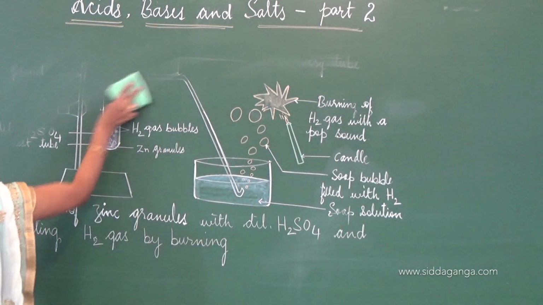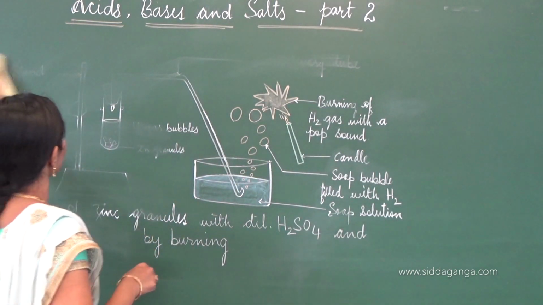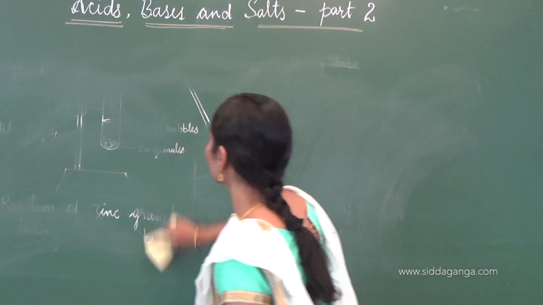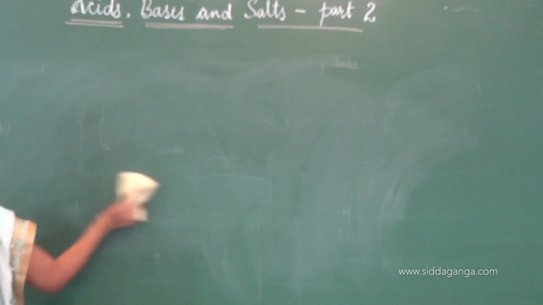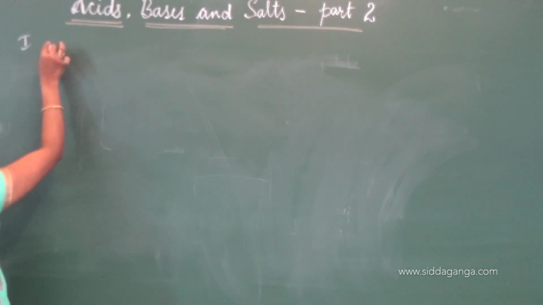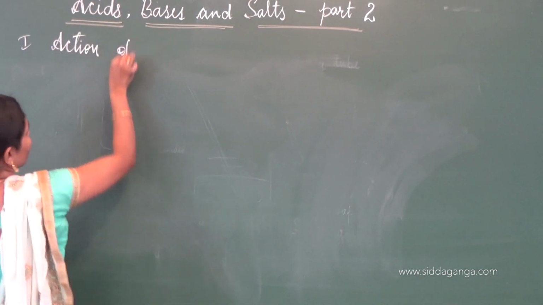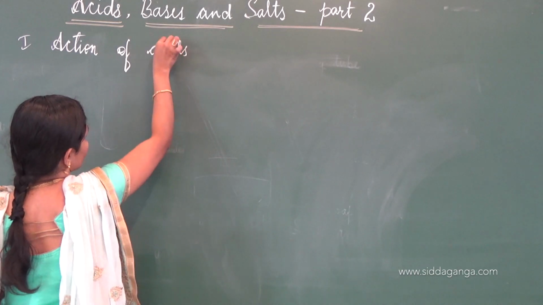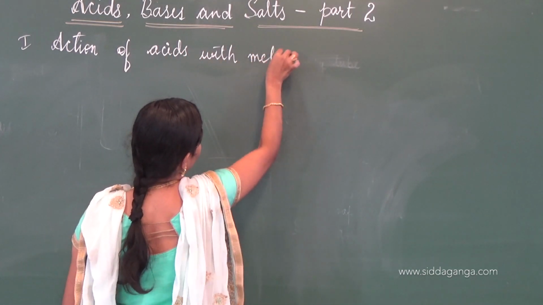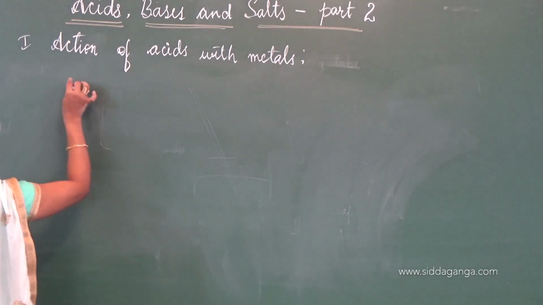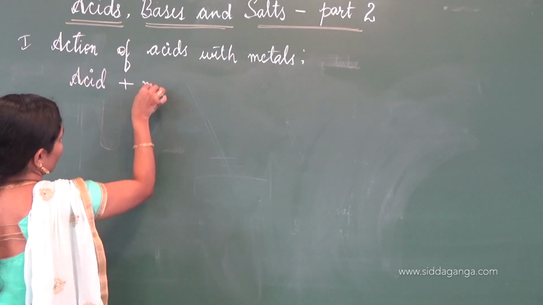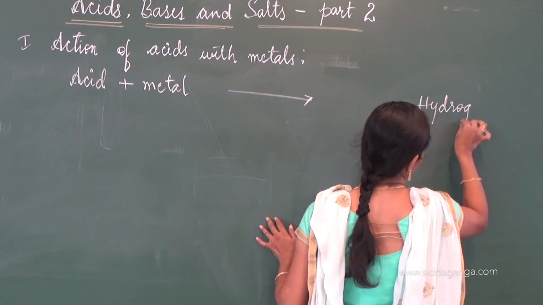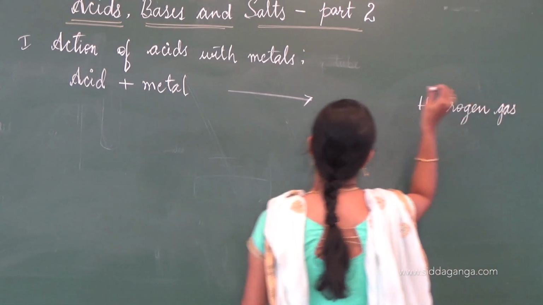The general equation goes like this: acid plus metal gives rise to, what we saw, the emergence of hydrogen gas, and along with that we observe the formation of salt.